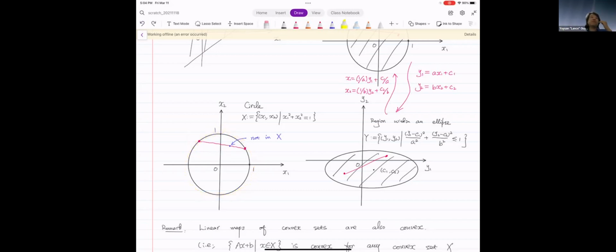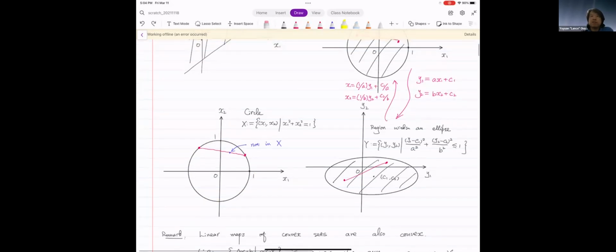If we go for one more example of a convex set, we can consider the region within an ellipse. So over here, again, I'm not talking about the ellipse itself. I'm talking about everything that's inside, including the ellipse. And again, picking any 2 points, it's easy to see that the line segments are within.